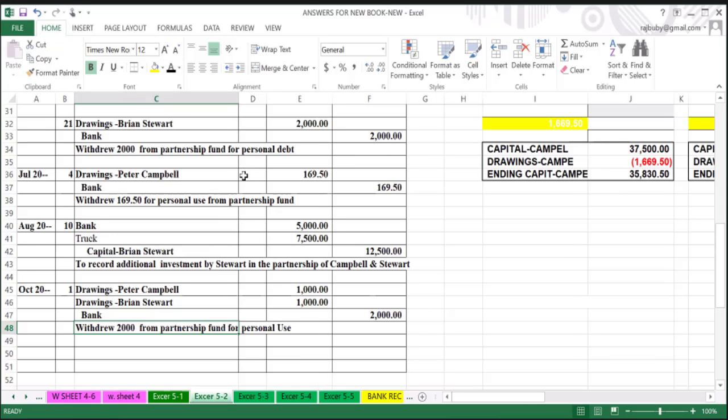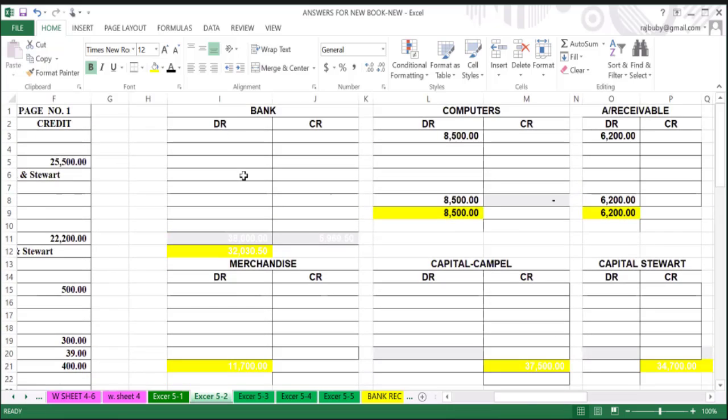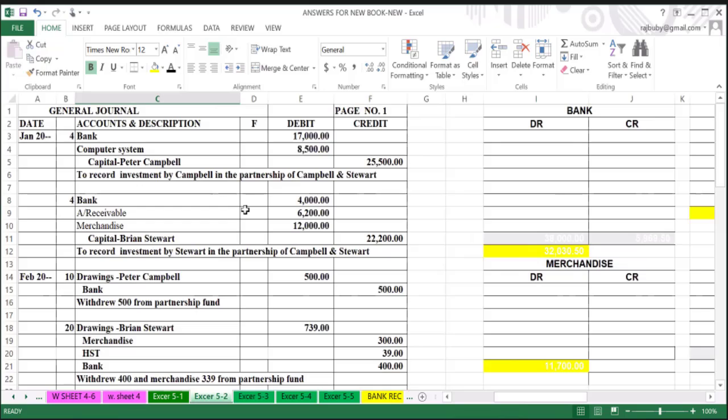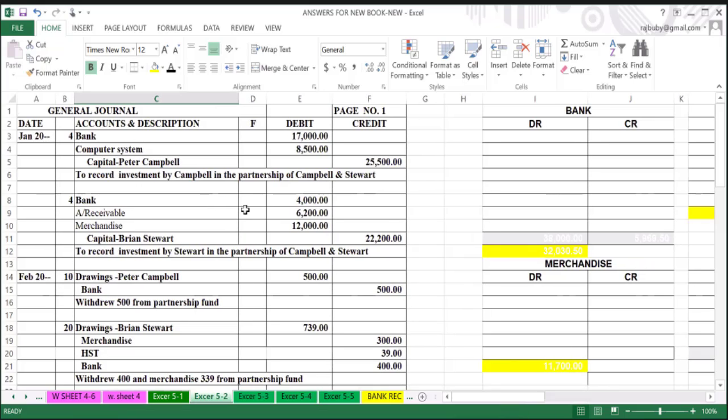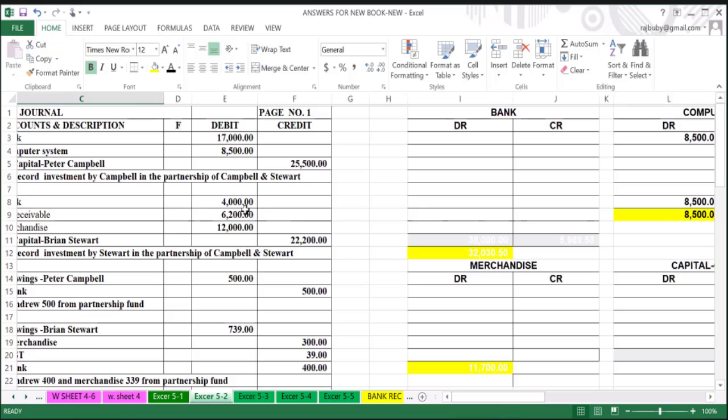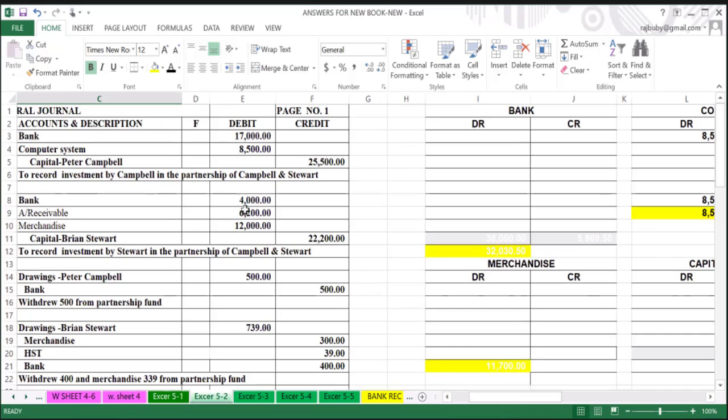Now you're going to fill up the T accounts and calculate how much the capital is now after the drawings. Not the net income. We are going to calculate the capital according to investment and also the drawings. You don't have any revenue or expenses, only capital and drawings. You post in the ledger, the T account, and then from the total you calculate the capital.